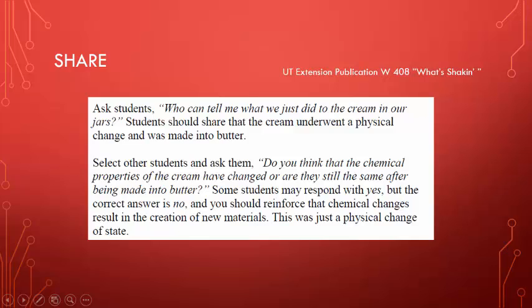In the What's Shaking lesson, we are asking students to think through the chemical properties of how the cream changed into butter. And we can do that with a thumbs up, thumbs down, or other strategies to ask them to share their experiences.